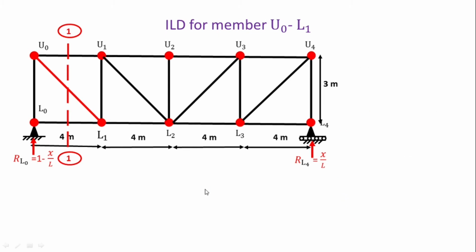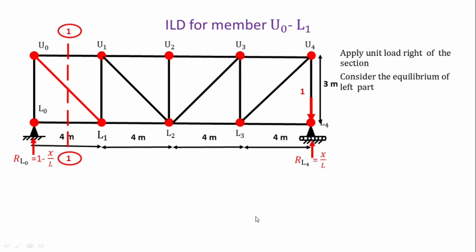Now we are moving this load to the next joint. So again we are considering the right of this section and apply the unit load on the L4, and consider the equilibrium condition of the left hand part of this section. Again here consider this member is subjected to the tensile force, angle 36.86. Again apply the same condition, sigma Fy equal to 0.